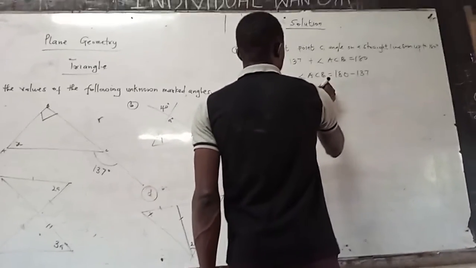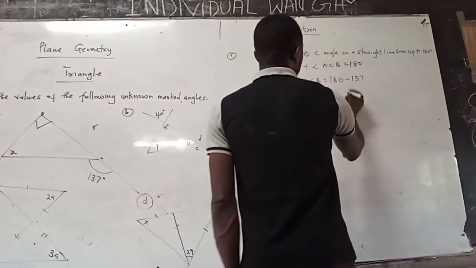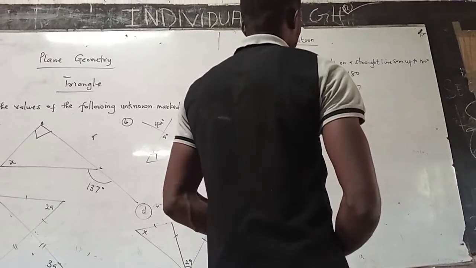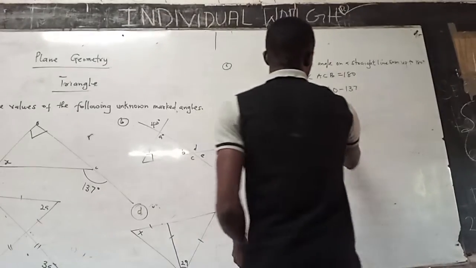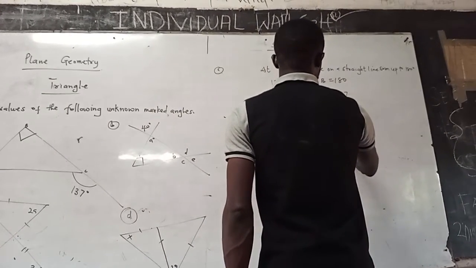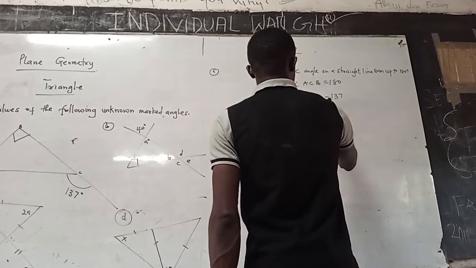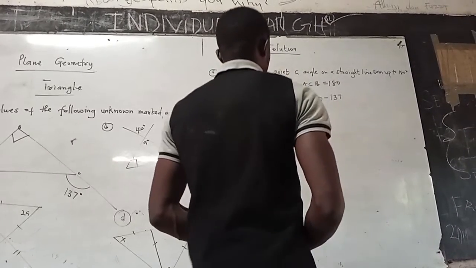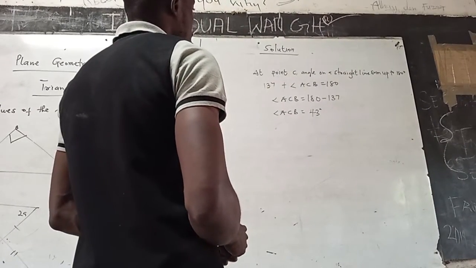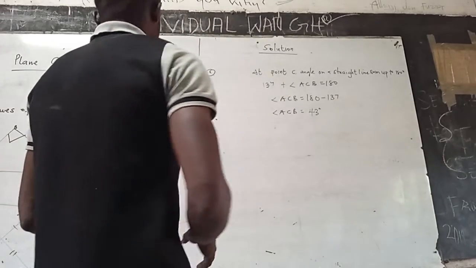So angle ACB is going to be 43. So we have 43. When you sum, you are going to get 180. Okay, so that is good.